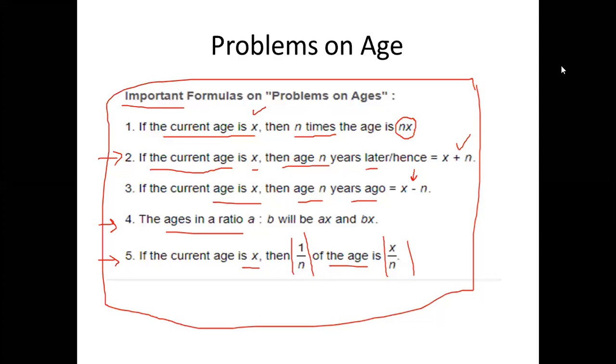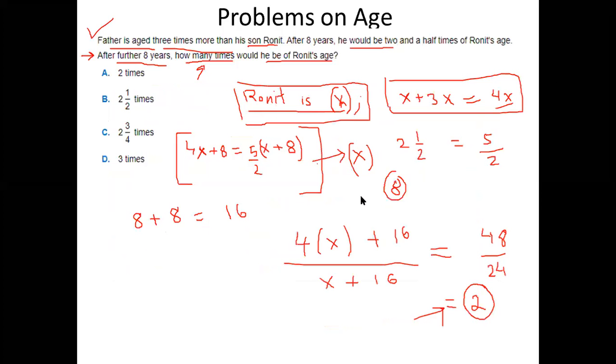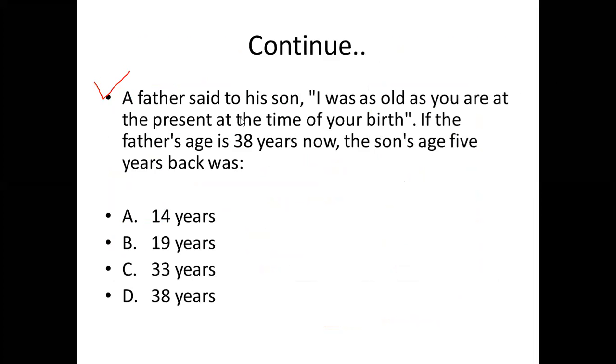Here it says, I was as old as you are at the present at the time of your birth. If the father's age is 38 now, then the son's age 5 years back. So we have to subtract. Yes, class.